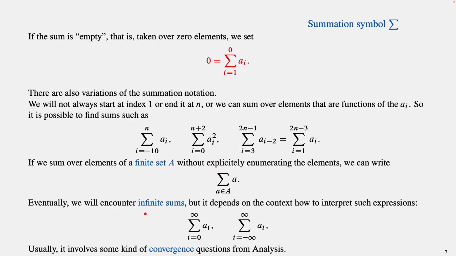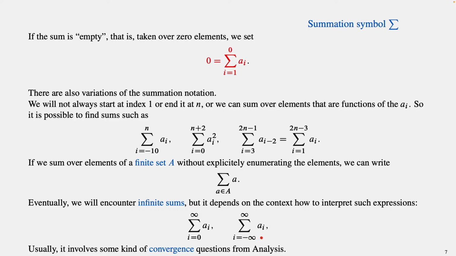And eventually in your mathematical journey you will encounter infinite sums, but what an infinite sum means depends on the context. So you have to interpret such an expression in the correct way. So this would look like this: sum from i equal to 0 to infinity over the ai. So here you would have a countably infinite sequence of numbers, a0, a1, a2, a3, and so on.